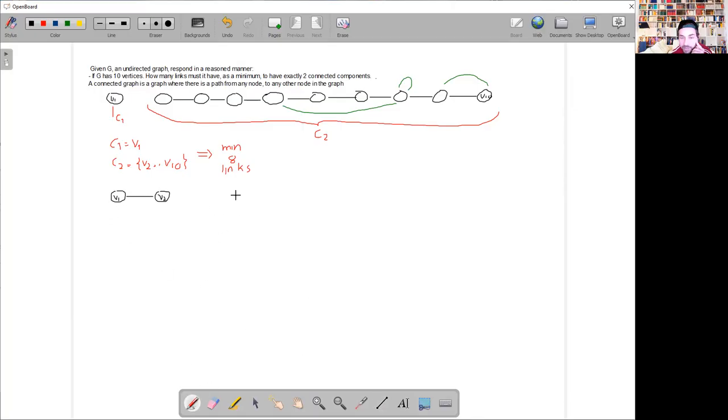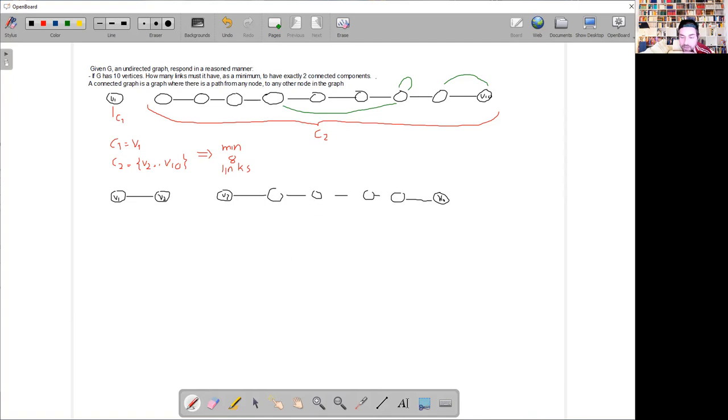Well, if I have something like this, just imagine that we have all the other nodes here.